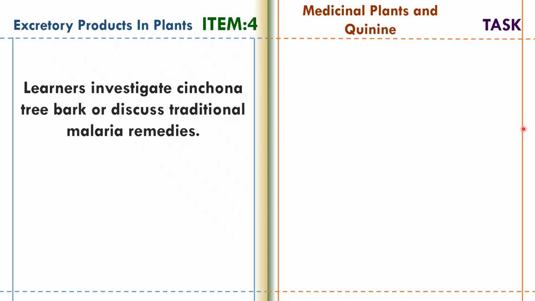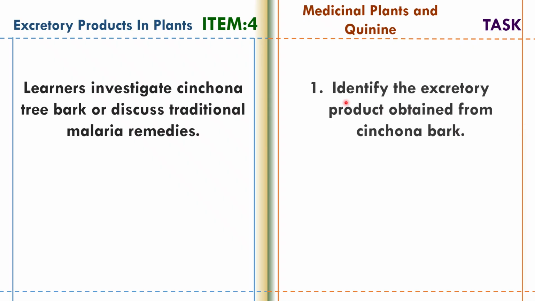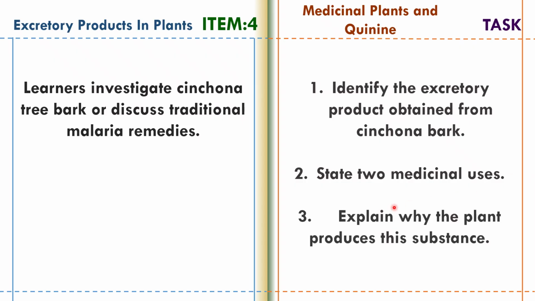Task: identify the excretory product obtained from cinchona bark. State 2 medicinal uses. Explain why the plant produces this substance.